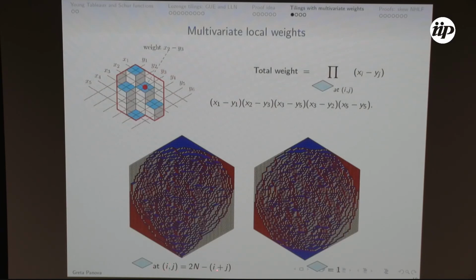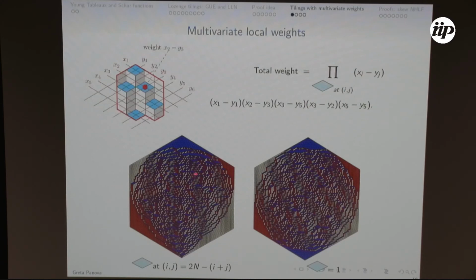So one can substitute xi to be n minus i and yj to be j minus n, and then we get that the weight at position ij is 2n minus i plus j, or in other words, the weight is proportional to the distance from the box of this lozenge tiling. And here one can do weight 1. Weight 1, of course, you get by saying y is equal to 0 and x is equal to 1 always. One does recover the original model.